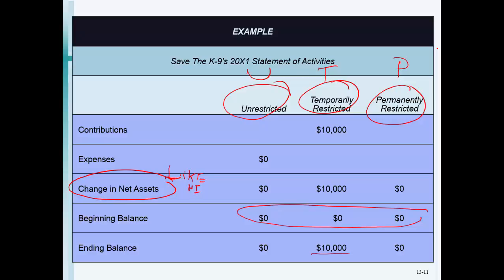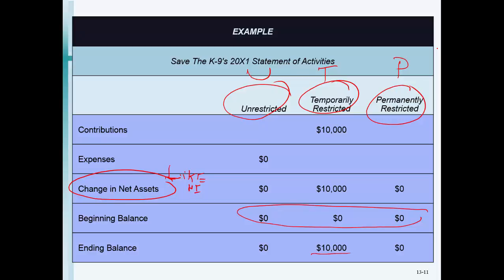Note, again, that we report our change in net assets. Change in net assets is what? Like net income, and we report it by category. Unrestricted is zero, change in net assets, because nothing happened. We're up 10,000 on our what? Temporary restricted, thanks to Megan, who said, hey, use it for this program. And as soon as we use it for this program, we'll satisfy her restriction, right?